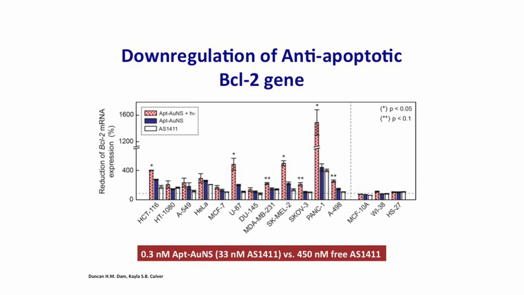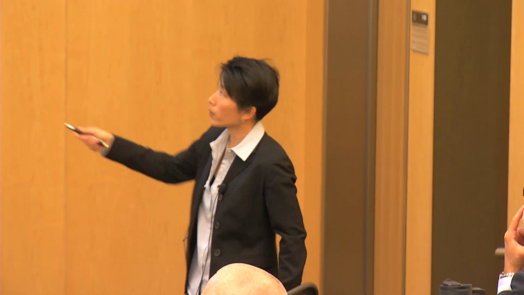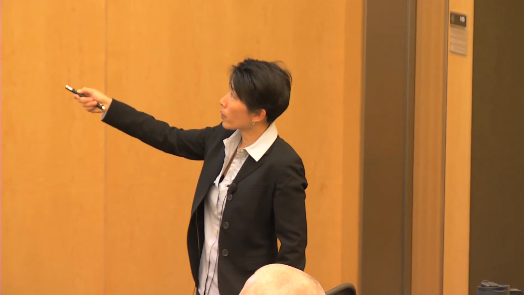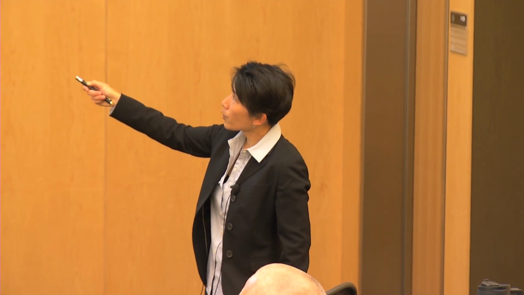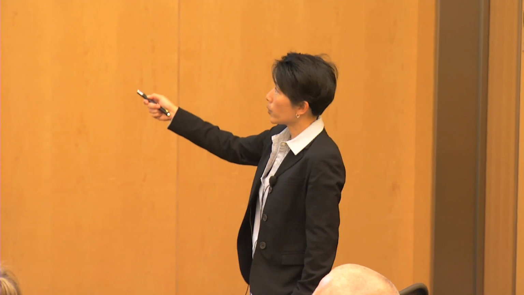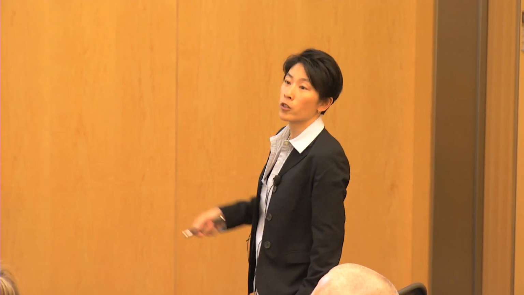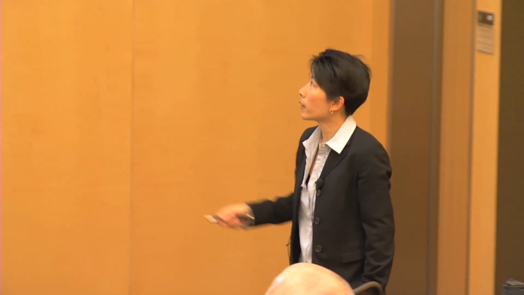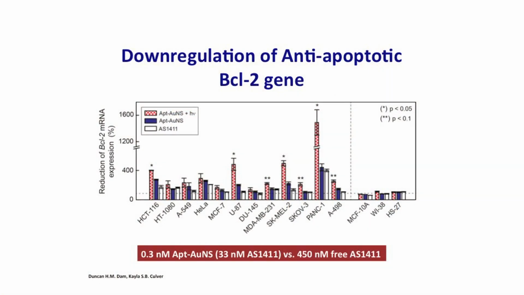Basically you're inducing apoptosis. That's the mechanism for how this works. So if we look at Bcl-2 mRNA expression, you can see for all cases, if you look at the red hatched bars, the expression is reduced far more with the released drug compared to just 10 times the concentration of drug that's added. And what's nice is that it works for all different types of systems.